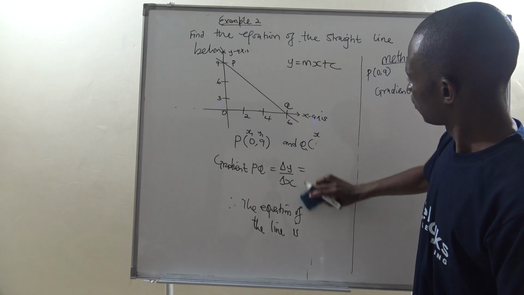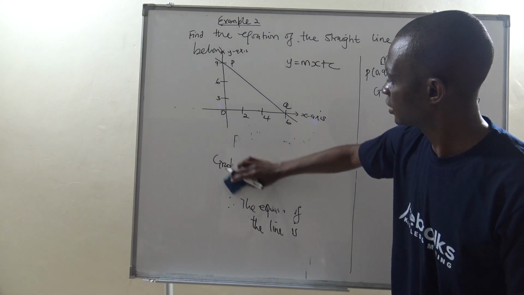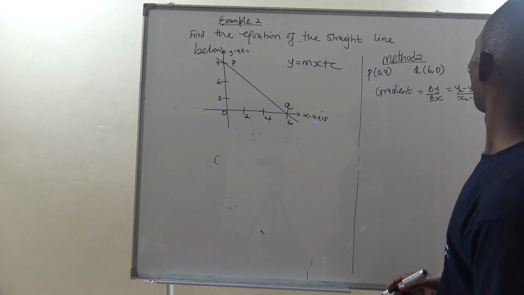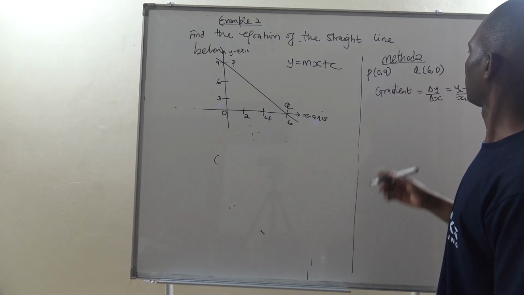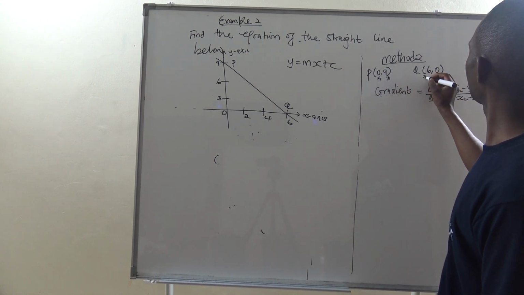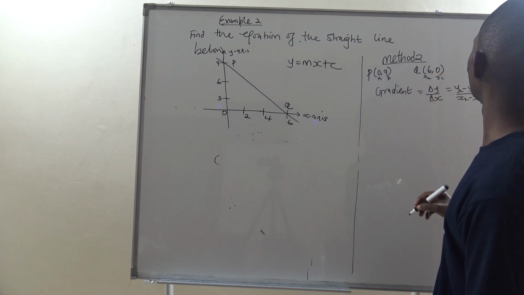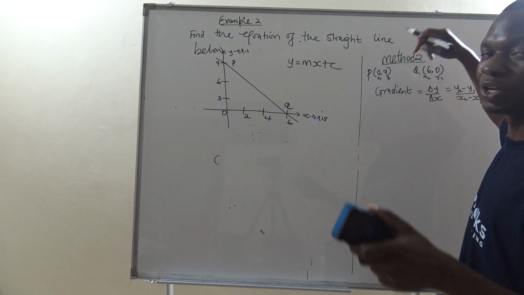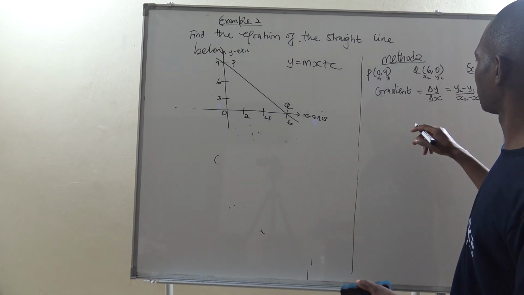Then how do we get a gradient? This one is x1, y1. This one is x2, y2. Also, this one can be called another coordinate which we don't know in our equation.